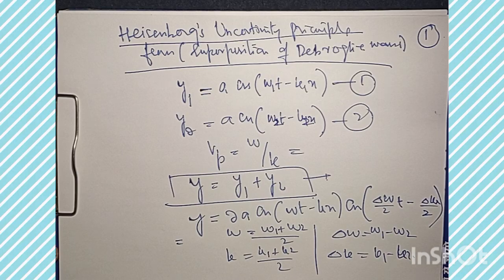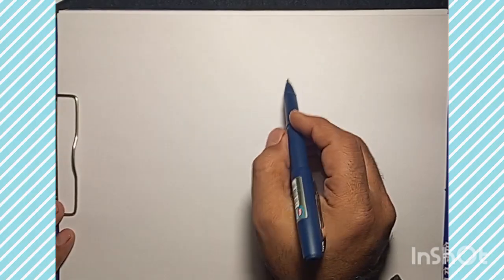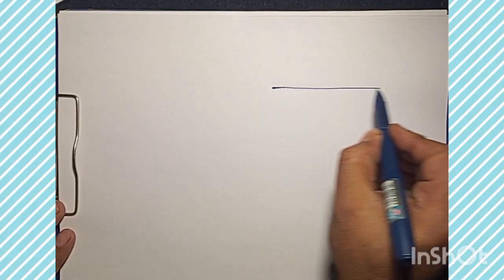So the resultant of these two waves, if we have to draw that, can be drawn like this.